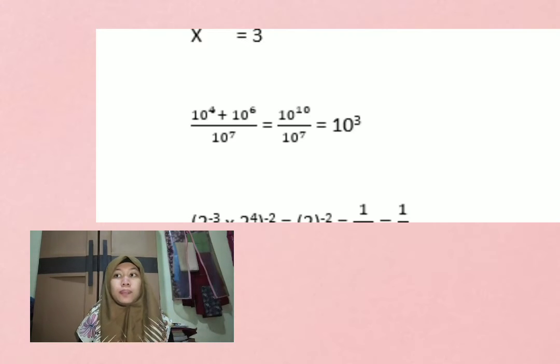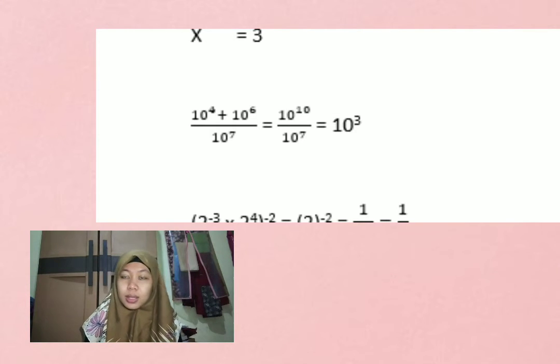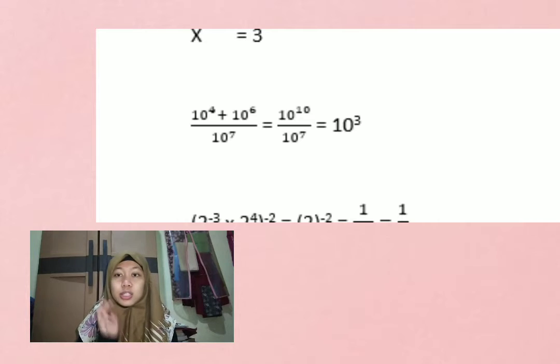Number 2, 10 raised to 4 times 10 raised to 6 over 10 raised to 7 equals 10 raised to 10 over 10 raised to 7 equals 10 raised to 3.